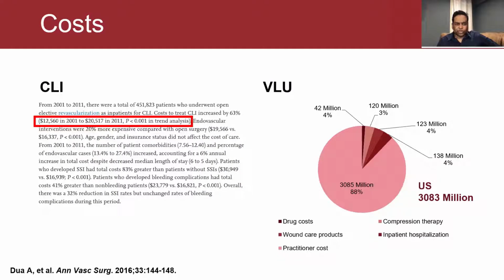When you look at the cost, CLI does cost a significant burden on the healthcare expenditure, up to $20,000 per patient as calculated in 2011. We have found that VLU, venous leg ulcerations, cost significant economic burden on the society, up to $3 billion in the United States.